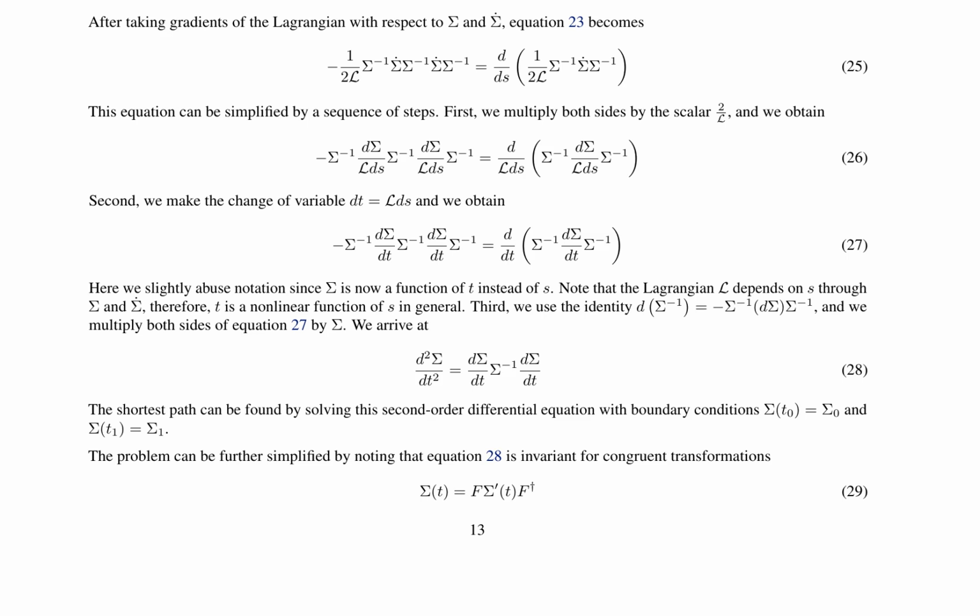The authors also note that the problem can be further simplified by considering congruent transformations, where sigma(t) equals F sigma'(t) F transpose. This transformation invariance property is crucial for maintaining the generality of the method. The use of the Fisher information matrix as the metric tensor and the derivation of the second-order differential equation are key contributions of this work, as they enable the computation of the shortest path in the space of probability distributions.